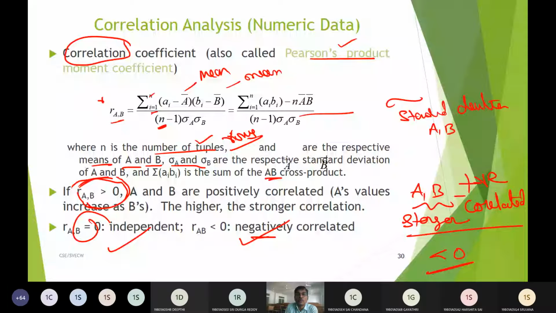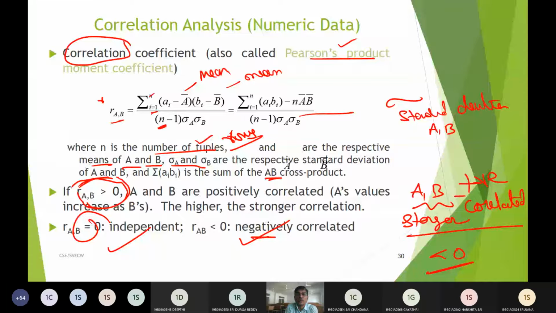That is, if it is greater than 0, it is positively correlated, and definitely our correlation answer will get a good impact if there is a positive relation. Then you can see the relationship between the two attributes via scatter plots.